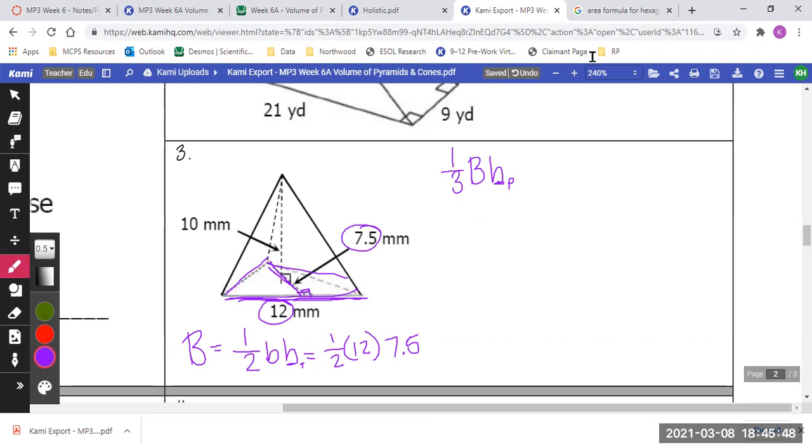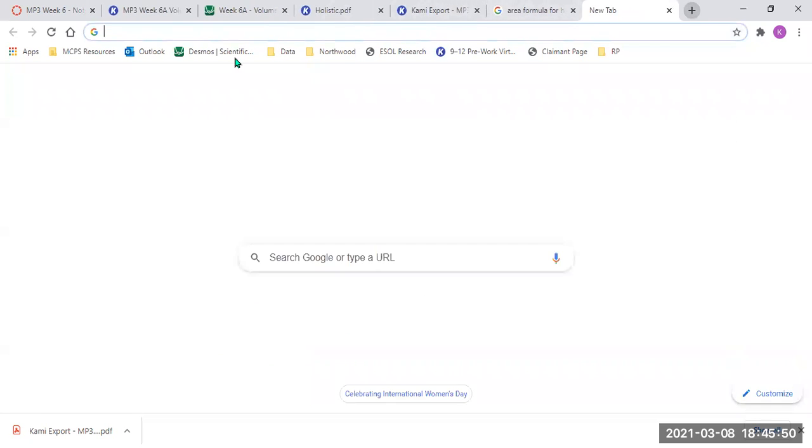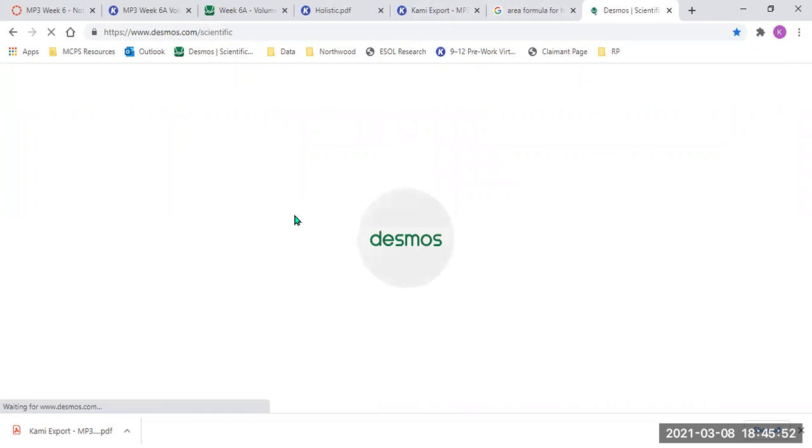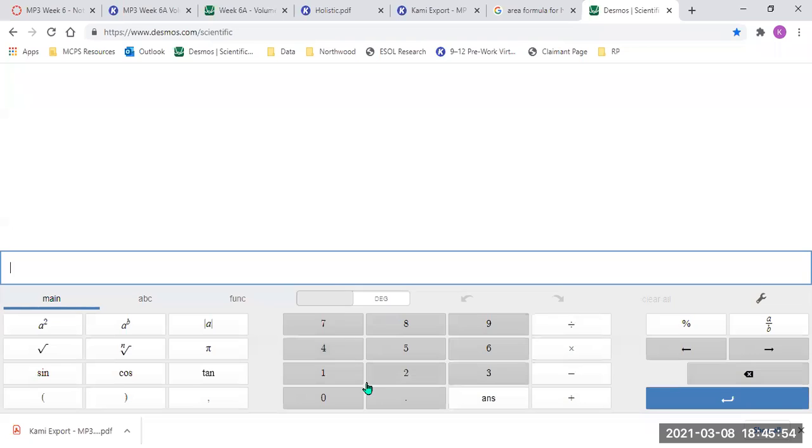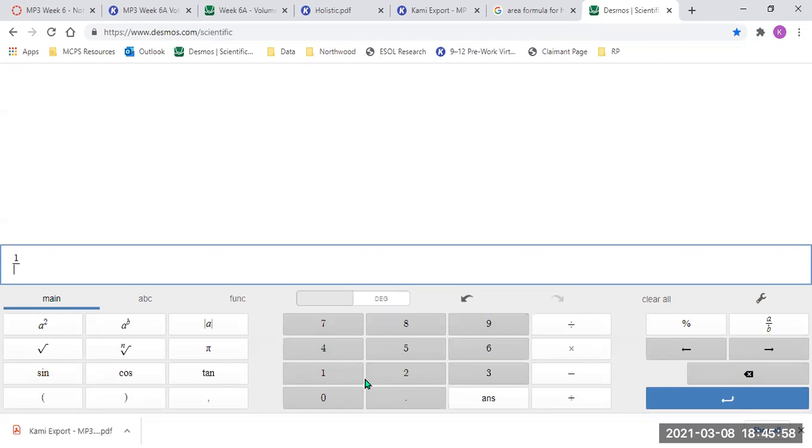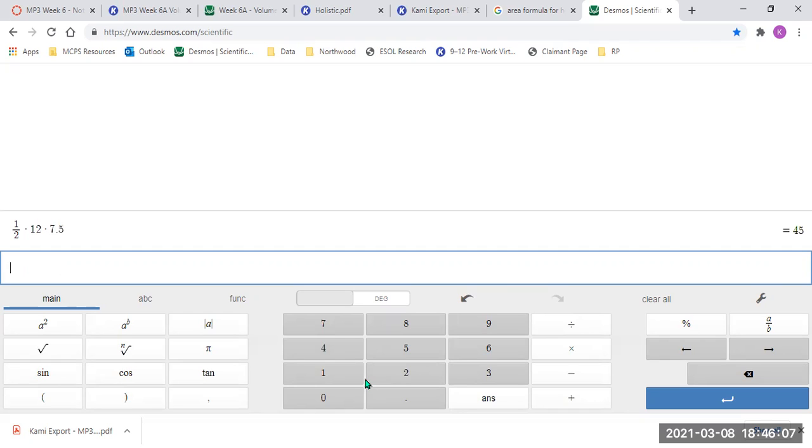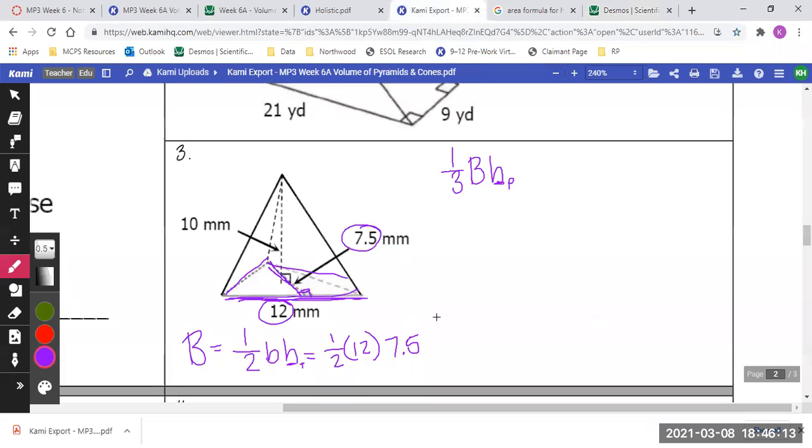I don't want to do 6 times 7.5 in my head, but I have my Desmos calculator as a bookmark because I am so fun. 1/2 times 12, I knew was 6, but that's fine, times my 7.5, and there is the area of my big B base. Big B base is 45.